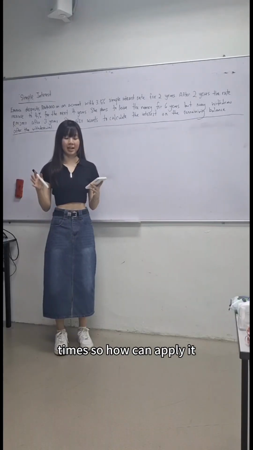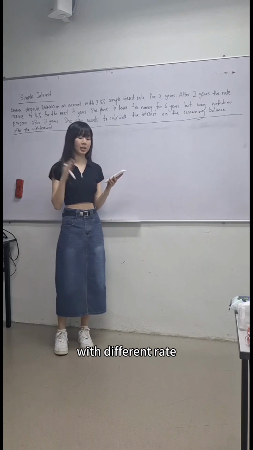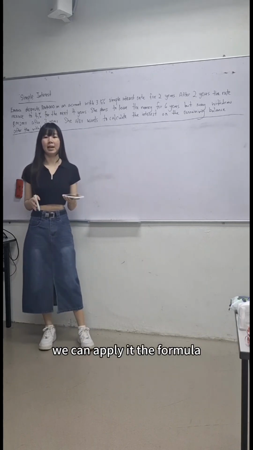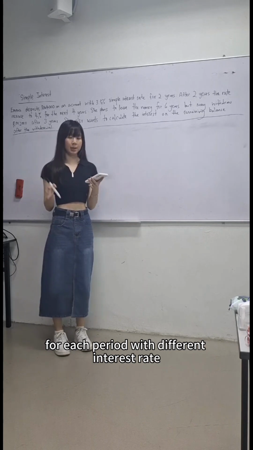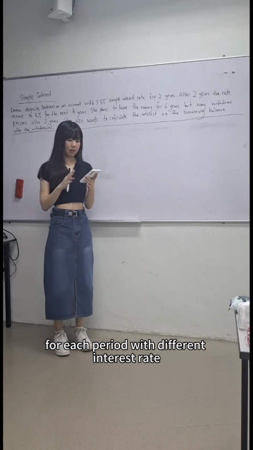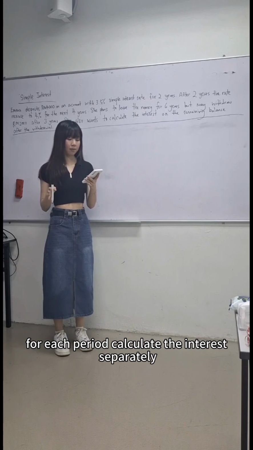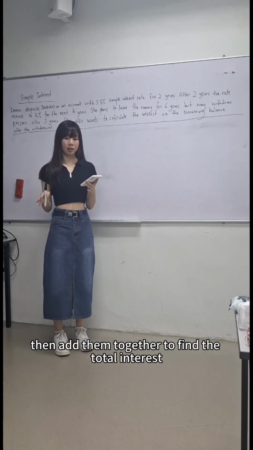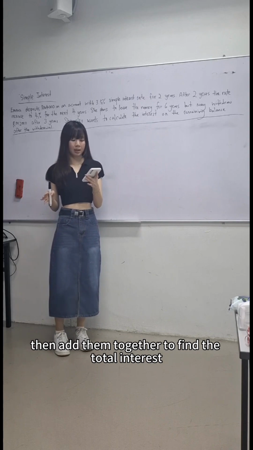So how can we apply it with different rates? We can apply the formula for each period with a different interest rate. For each period, calculate the interest separately, then add them together to find the total interest.